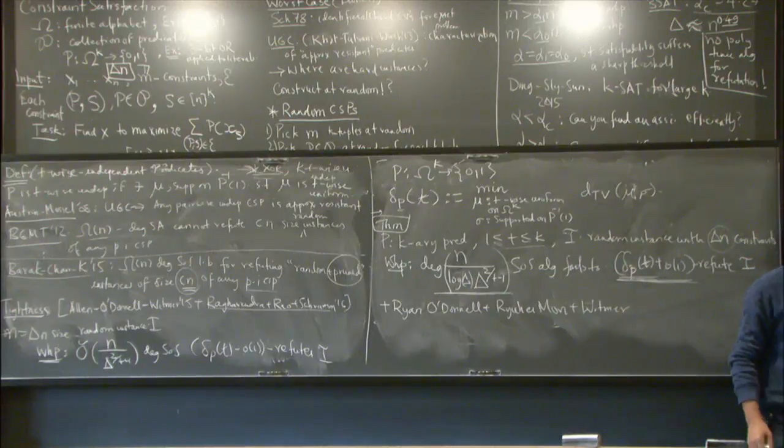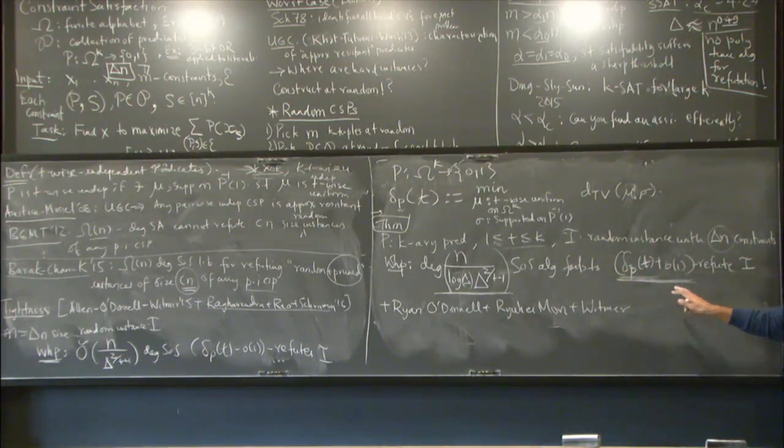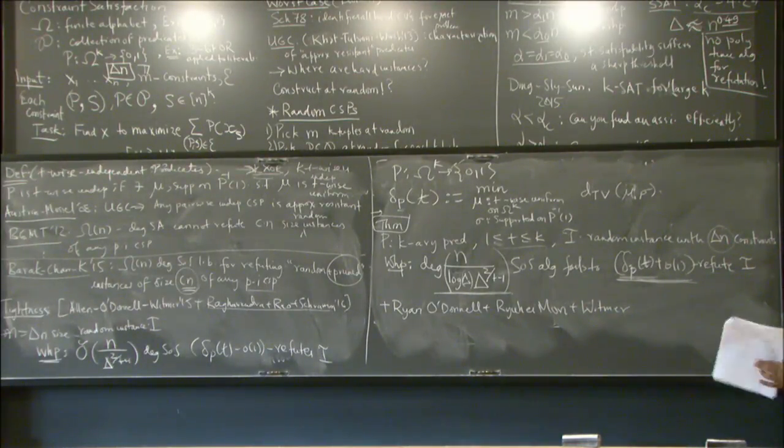If I take constant degree, then it turns out that I can only delta p of 2 refute the instance I. Okay. Now, what's interesting here is this. Refute means that the predicates you can handle are just pairwise independent. Yes, precisely.